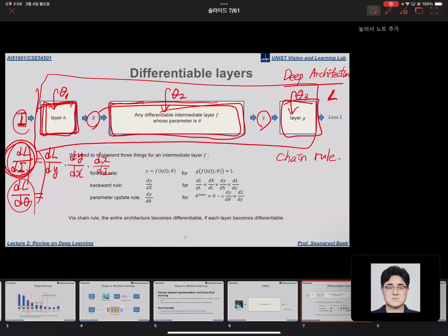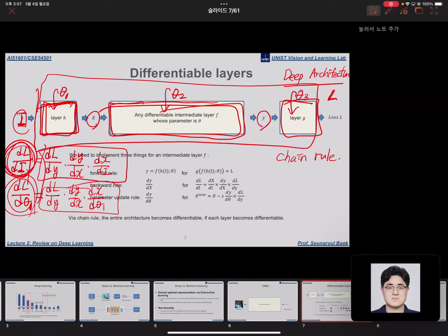If we want to find this dL/dtheta 1, then this could be divided like this. Are you following this? Anyway, if the entire network is differentiable with respect to the input and the intermediate parameters, they can be separated like this.